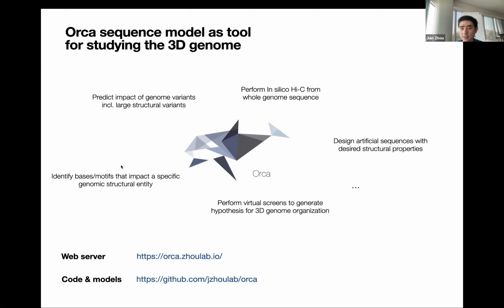So you can just submit any structural variants that you're interested in. Currently it only supports simple variants. If you are interested in more complex variants, you can also do it using the code that is provided in our GitHub repo.